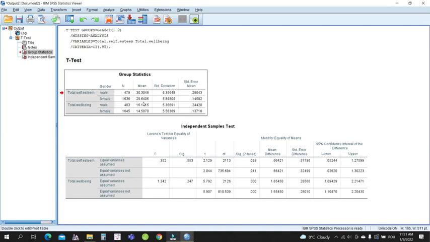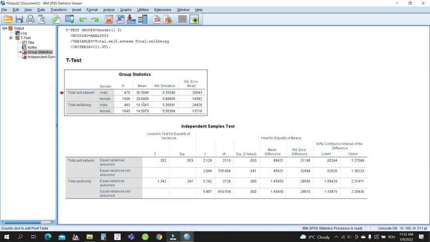Also, as far as the well-being is concerned, males have a mean of 16.1 and a standard deviation of 5.3, while females have a mean of 14.5 and a standard deviation of 5.5. So, these descriptive indicators suggest that males tend to have higher levels of self-esteem and well-being.